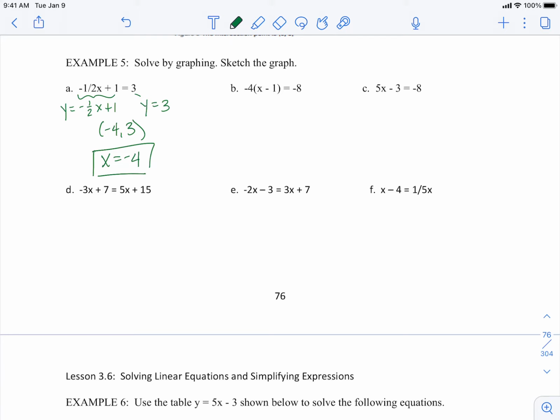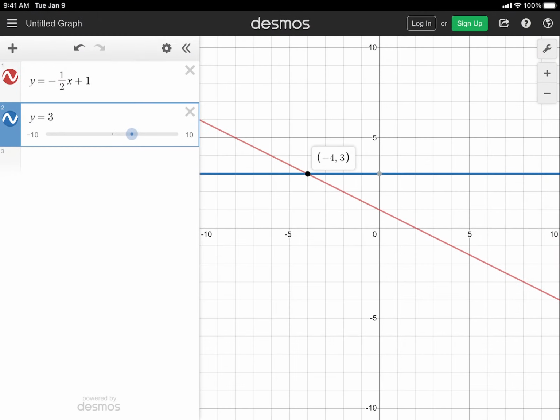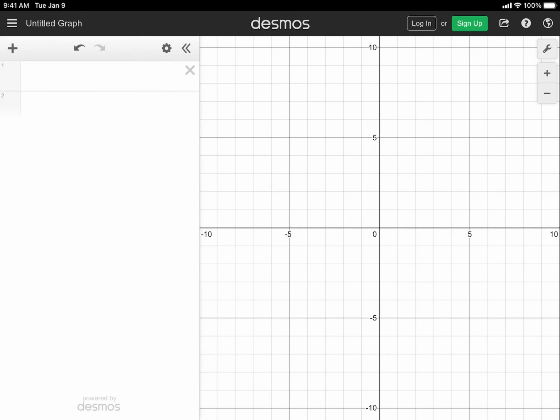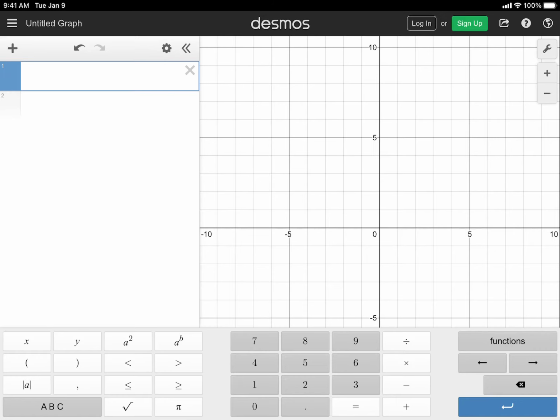I'm going to do D as well to show you. So we're going to graph y equals negative 3x plus 7 and y equals 5x plus 15. So our first one, we have y equals negative 3x plus 7.